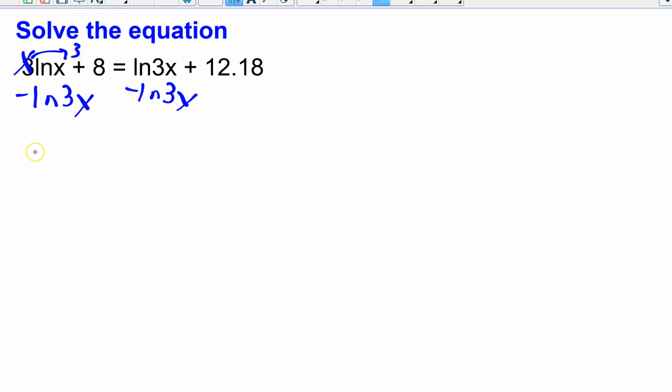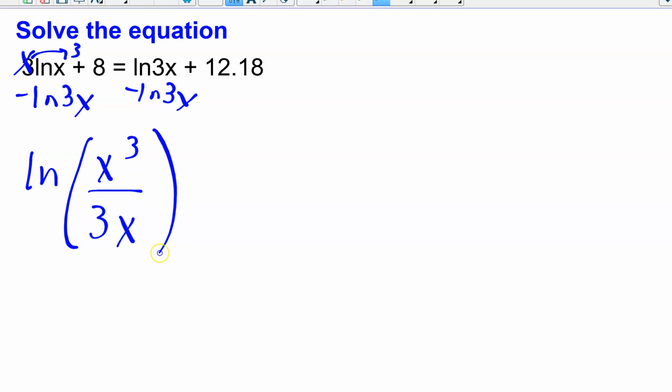So now I'm going to do the natural log of x cubed over 3x. So when I'm subtracting logs, if I'm going to merge them together, I need to divide. Equals, and I'm going to subtract 8 from both sides. So that's just going to be 4.18.